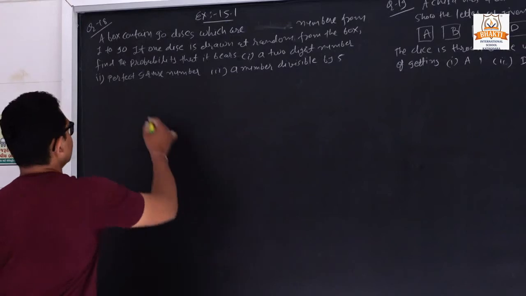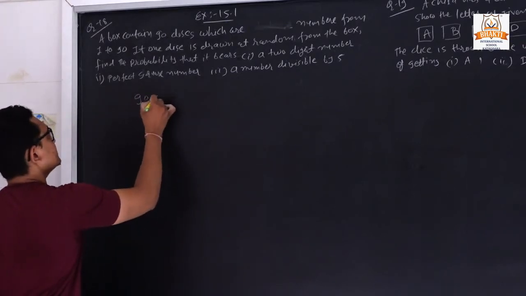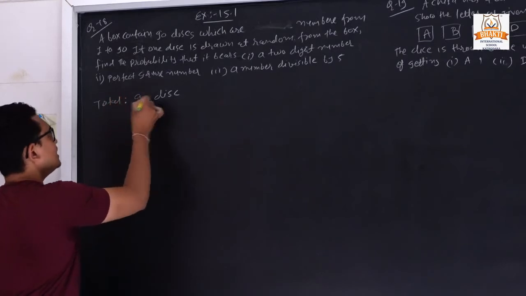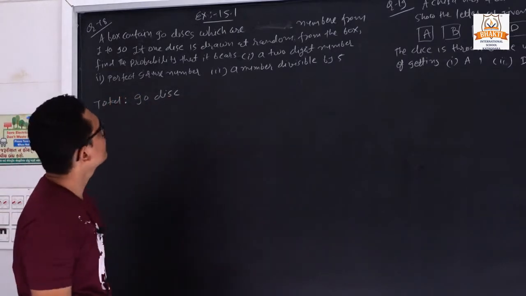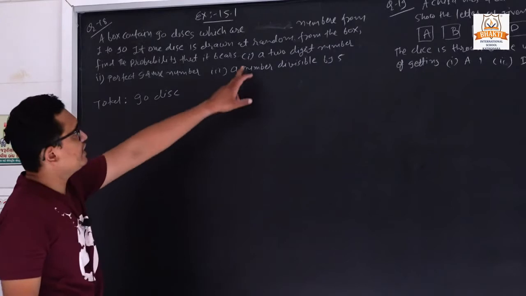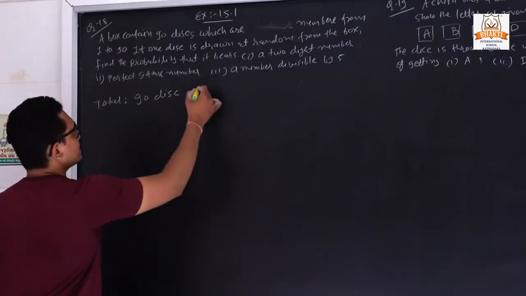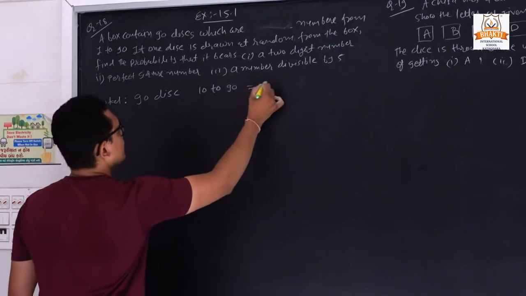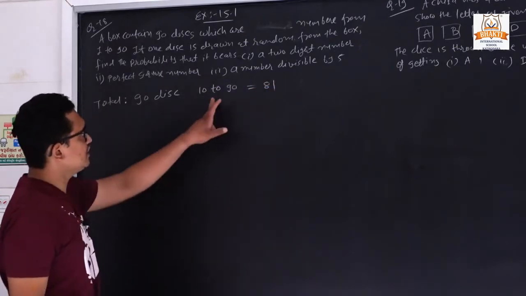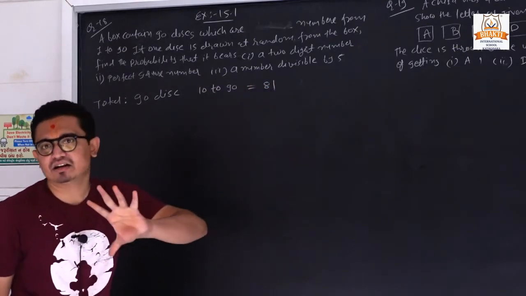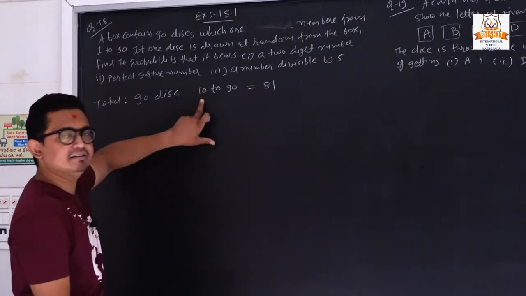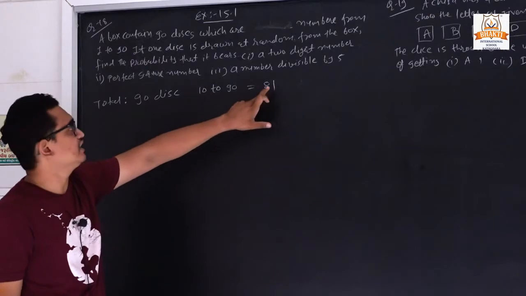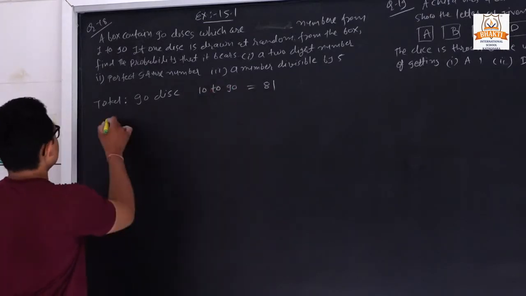So first of all, we have a total of 90 discs. We need to find how many are 2-digit numbers. It starts from 10 to 90. So how many numbers? 81. Because 11 to 90 is 80 numbers, and we can also consider 10. So the total number of 2-digit numbers is 81.